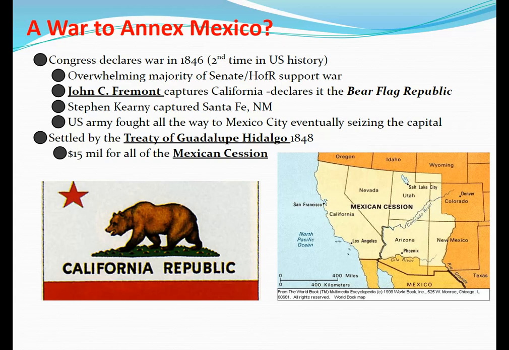And that will force Mexico's hand. In order to have control of their capital city again, they are going to have to settle with the United States, and they do with the Treaty of Guadalupe Hidalgo in 1848.